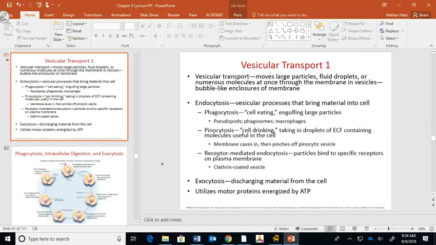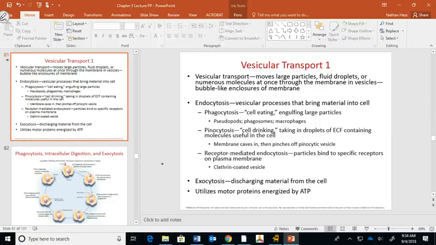Then we have pinocytosis, which is cell drinking, which would be bringing water or other liquid droplets into the cell. You with me? Again, endocytosis, bringing in. Opposite of that would be exocytosis. Exo means what? Outside. Yeah, the outside. An exoskeleton on a bug is the outside skeleton, right? So exocytosis is we're moving materials out of the cell.